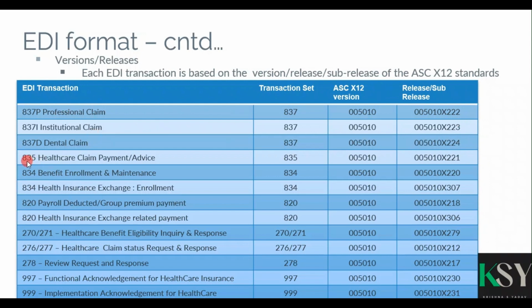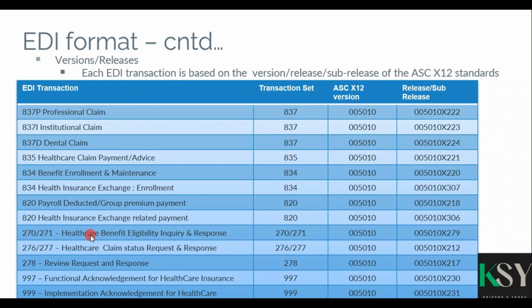And similarly, we have the 835, we have the 834, which is used to enroll the membership and the benefits. 820 is used for the premium payments.